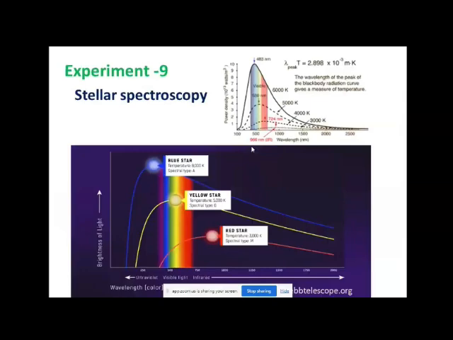This gives a graph. For a proper graph we need stellar spectroscopy, but spectroscopy is very costly, so we can get a rough result.